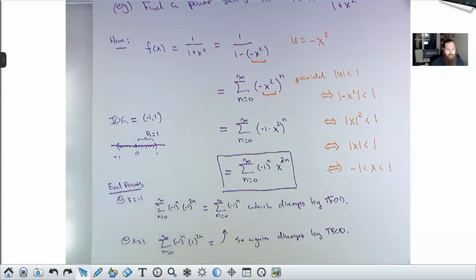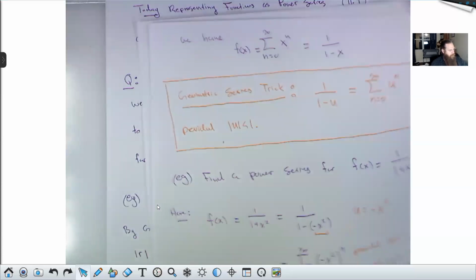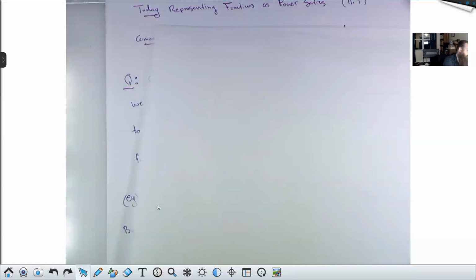I'll give you some tricks to speed up the endpoint thing a little bit later. Before I do that, though, more examples are necessary.